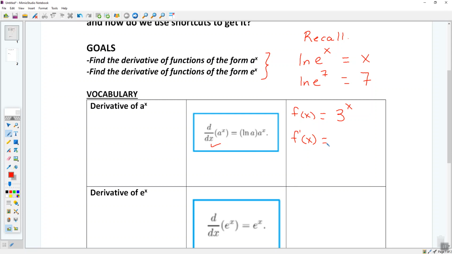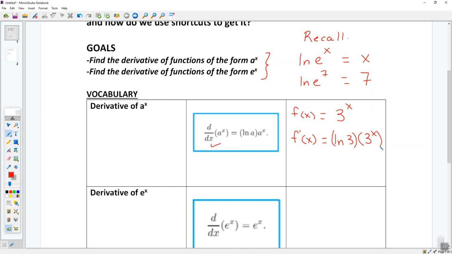This would be the natural log of 3, that first part right here, times what? Times 3 to the x. There it is. Okay? So the derivative of a to the x is the natural log of a times what, kids?